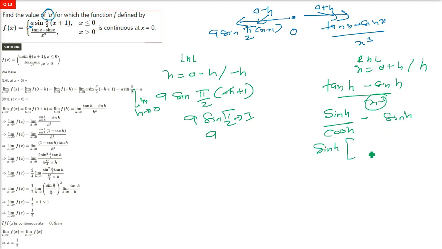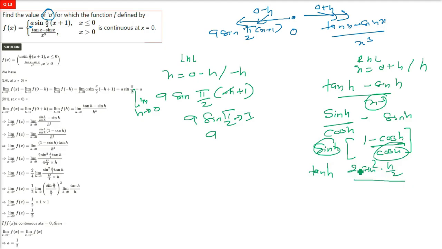So sin h, it will be 1 minus cos h divided by cos h, and 1 minus cos h is 2 sin square h by 2. Okay. And this cos h in the denominator, the sin h by cos h you already know, it is tan h. And tan h by h is 1 if you apply the limit h tends to 0.